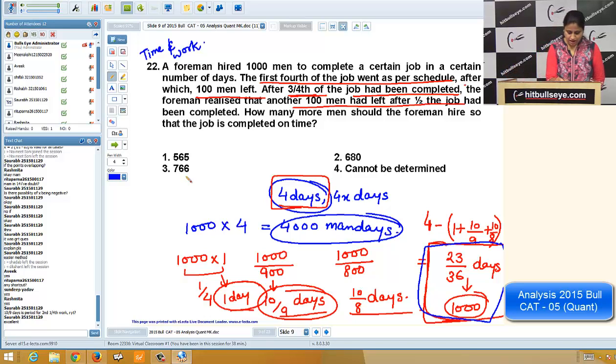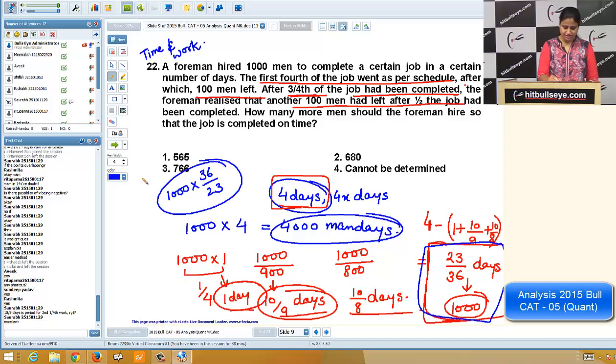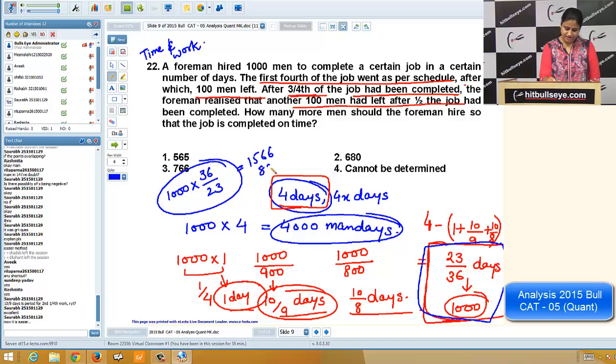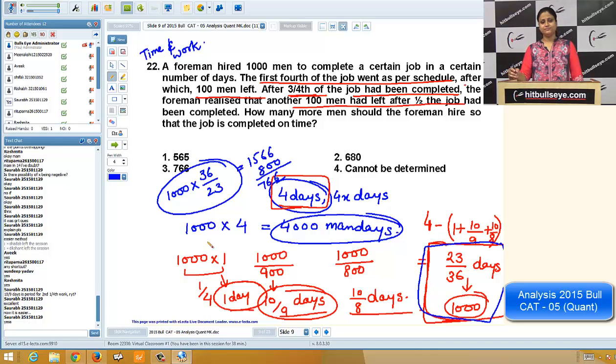So how many men are needed for this? 1000 into 36 by 23. These many men are needed. If we solve this, we'll get 1566. Already we have 800, so we are left with 766. So 766 more men are needed to complete the left 1/4 lot of the work.